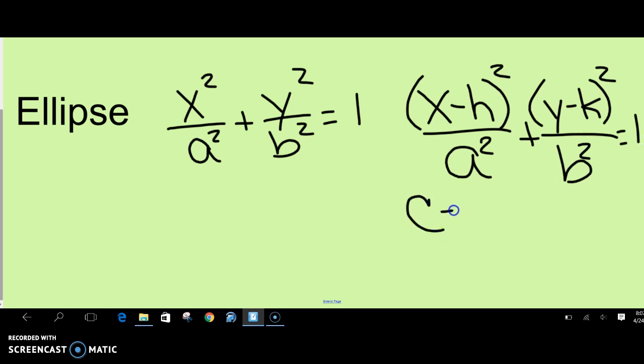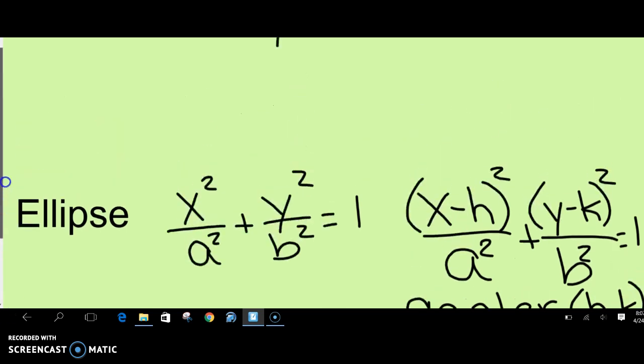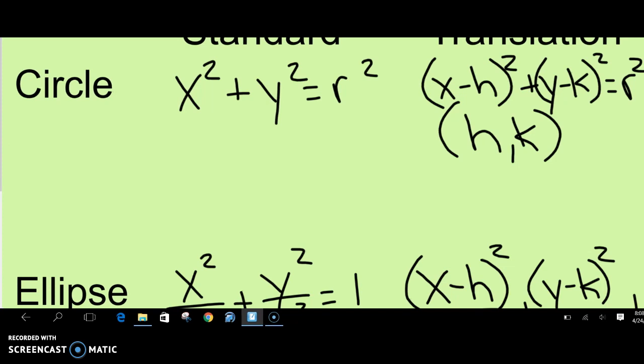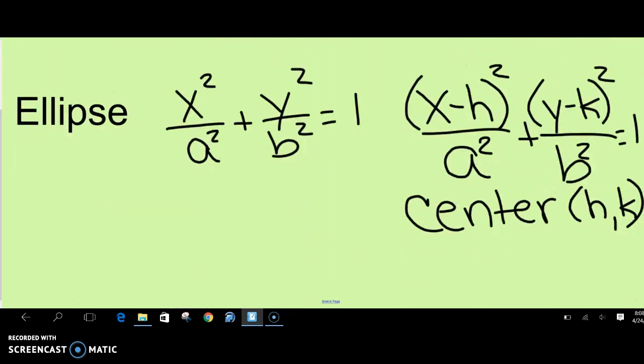So your center is still going to be at h and k. Just like you did when you had it in a circle, the center was at h and k, and then your radius was r, okay? So this side always has to equal 1, so that's going to be the challenge for some of the things that we're going to be doing, all right?